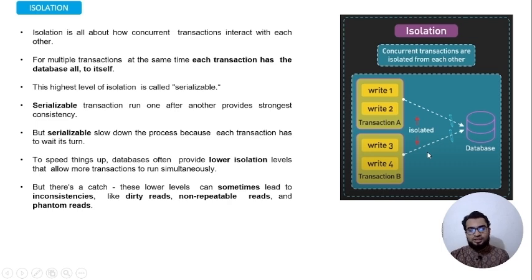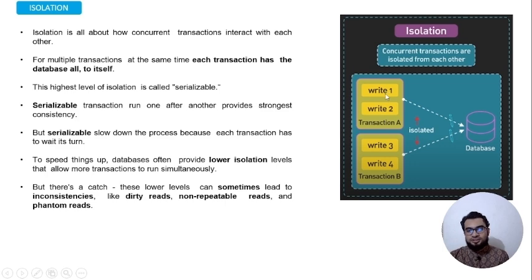Serializable transactions run one after another and provide the strongest consistency, but serializable slows down the process because each transaction has to wait its turn. Until transaction A is completed, transaction B should wait.